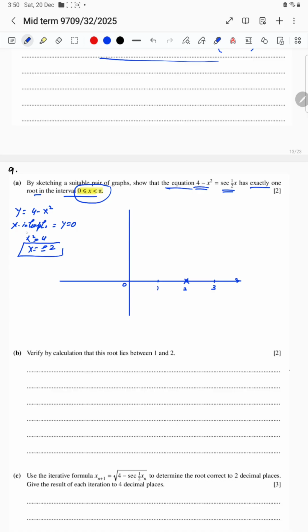And at the y-axis, the y-intercept, x should be 0. So when x is 0, then y equal to 4. So it means 2, 4, 6 and so on. Okay, so it means this point is this.